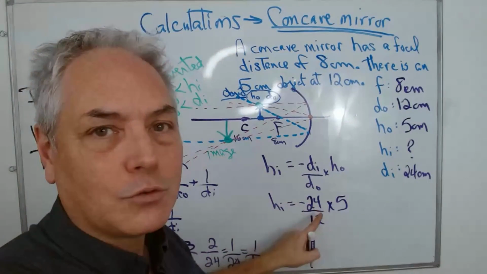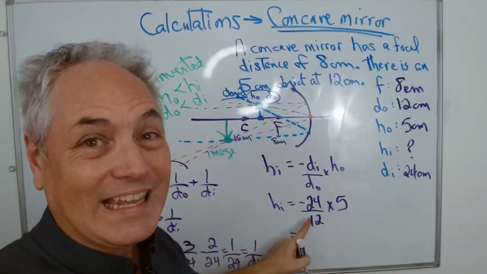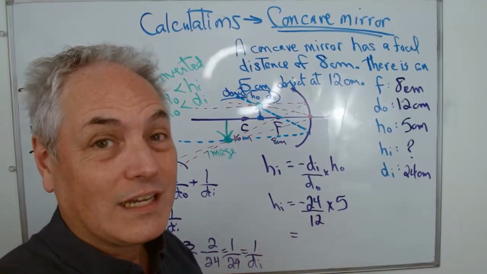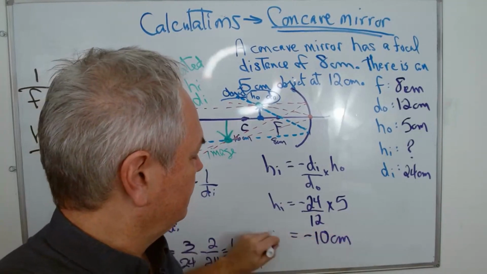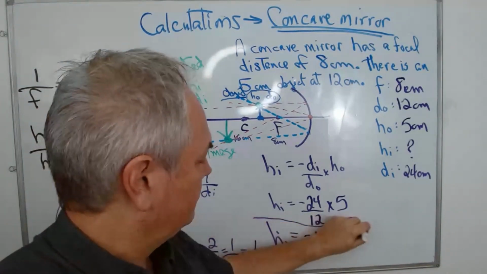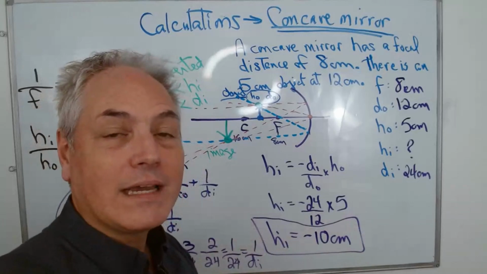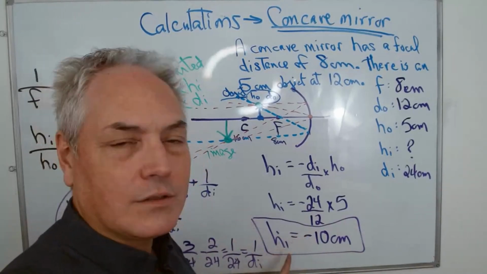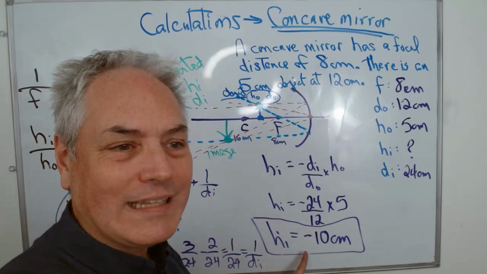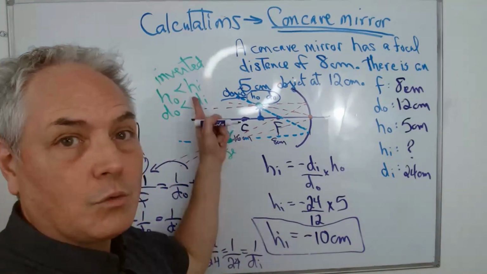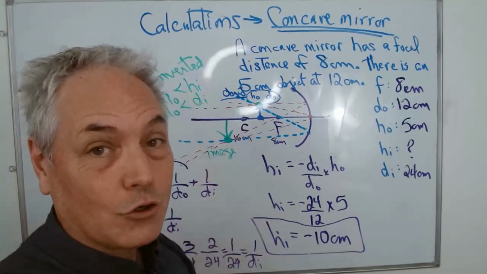And so negative 24 divided by 12 is negative 2. Negative 2 times 5 is negative 10. So here's my information. Here we have a negative sign, so that means that we have an image that is inverted, which is good. We had inversion right there.